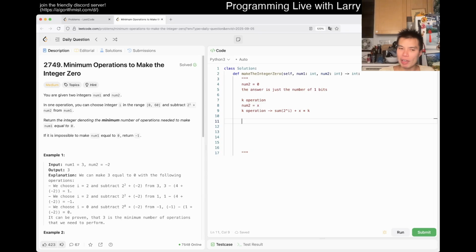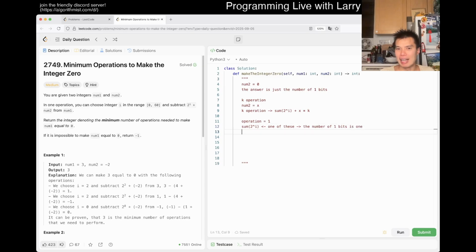Well, yeah, we could brute force k. The way I would phrase it is, let's say we have one operation, so operation is equal to 1. What does that mean? That means you have one sum of 2 to the i, which is to say the number of 1 bits is 1.